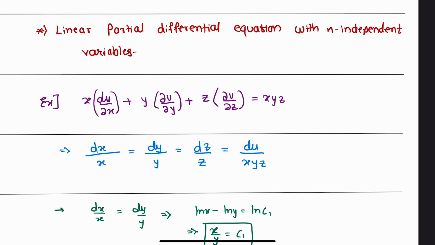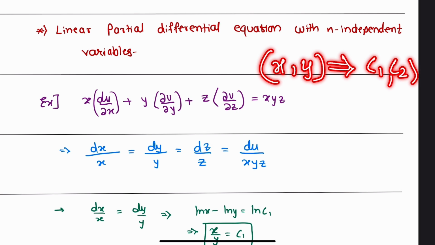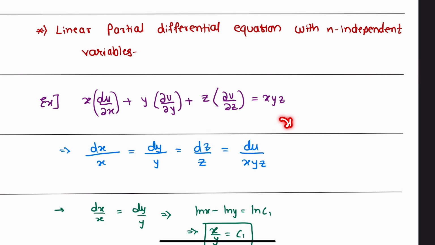Clear till here? Once we write this, the solution part is the same as we used to do earlier. Just that earlier we used to have two independent variables, and hence we used to get two constants. Now here we have three independent variables x, y, z. Hence, obviously, we are going to have three arbitrary constants.